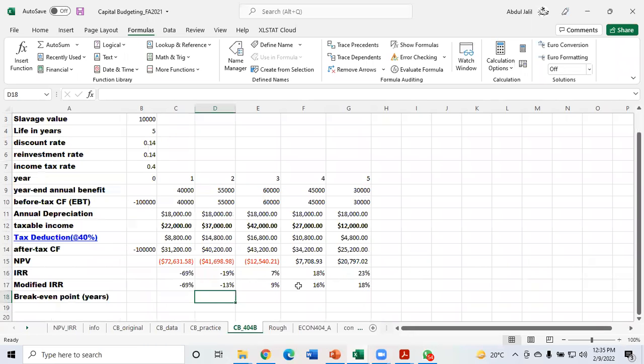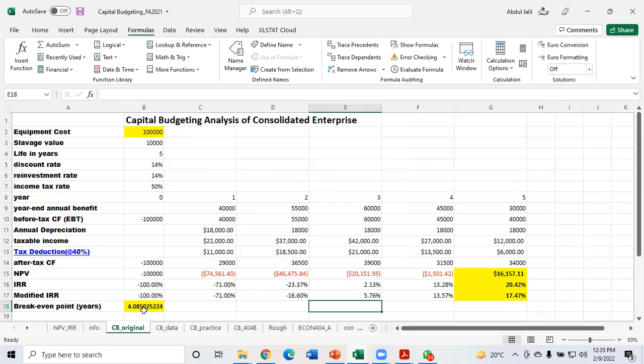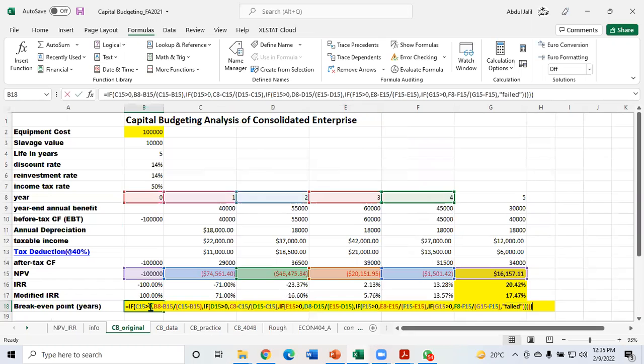Now we have calculated the modified internal rate of return, and now we are coming to the break-even point. Here you need to do what? Basically, it needs a formula, right? A particular formula is there which you have to apply. This is the formula which you will observe. It shows the connection between these two rows here and these net present values.